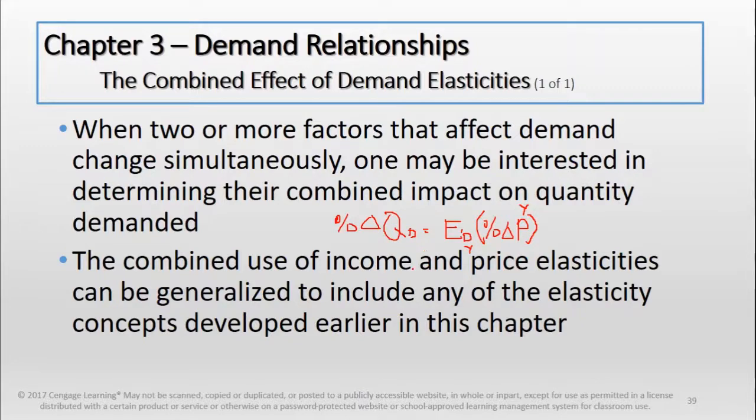You just add them, that is again if independent and additive. But if not, you will use different formulas. Remember, this holds under ceteris paribus. So if the two are independent, meaning the percentage change in price has nothing to do with the percentage change in your income, then you can add them to get the total percentage change in your quantity demanded.